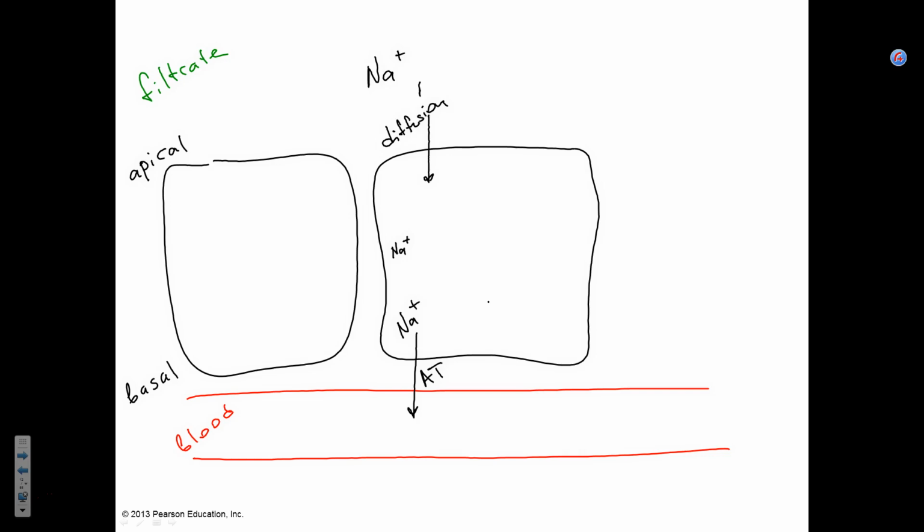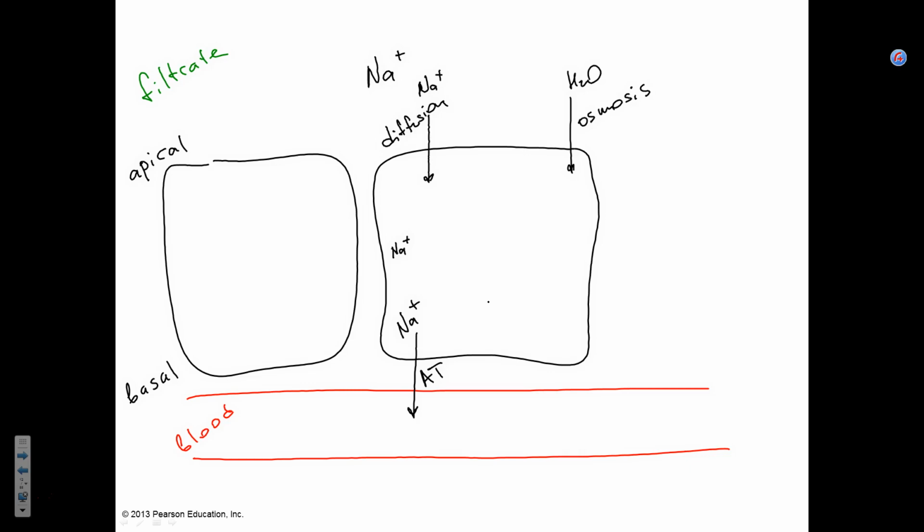Are we clear? Now this diffusion will attract which other molecule? Water. So water will follow sodium via osmosis. Does that make sense?